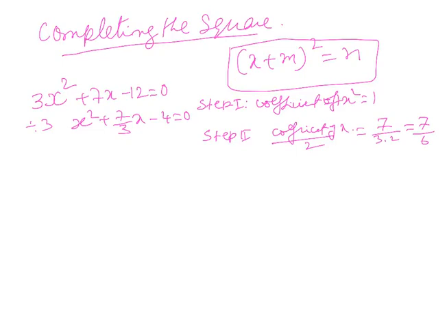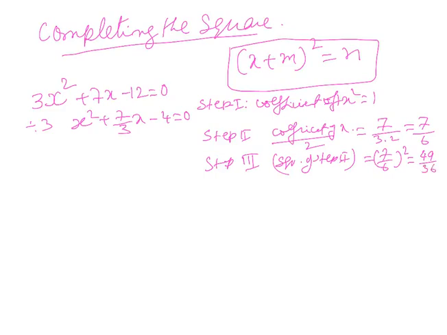My step number 3: what I got in step 2, I must square it. That is 7 over 6 the whole squared, which is equal to 49 over 36.